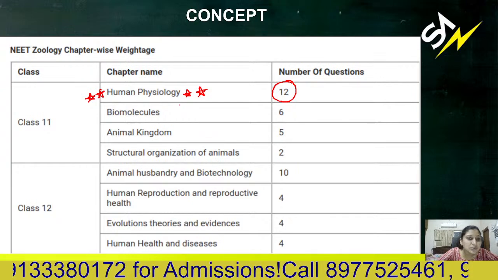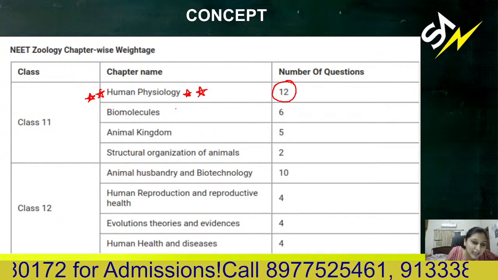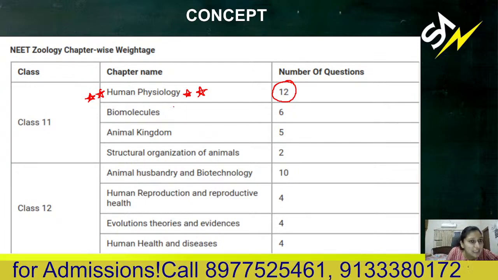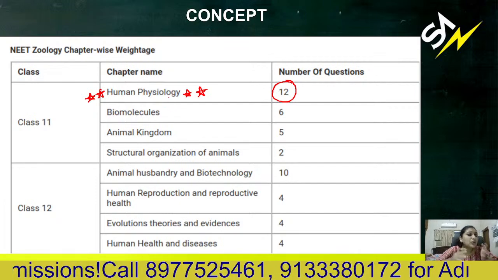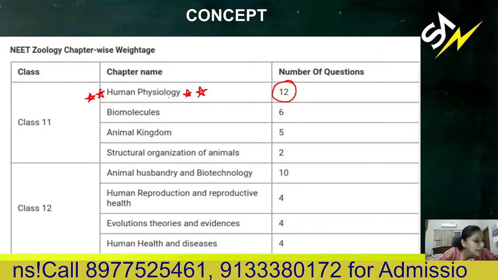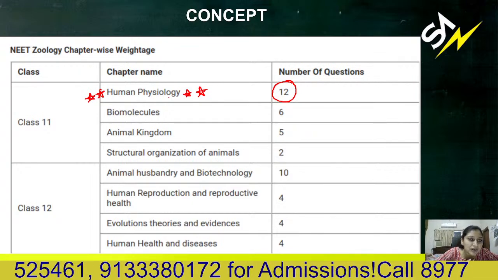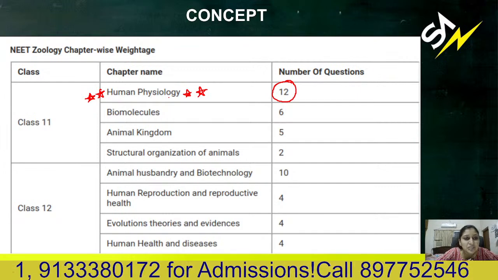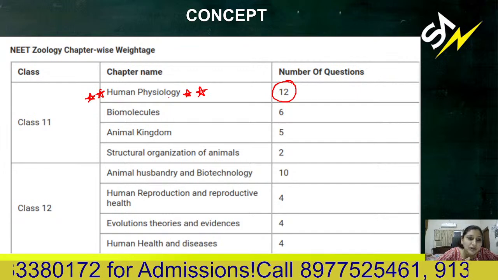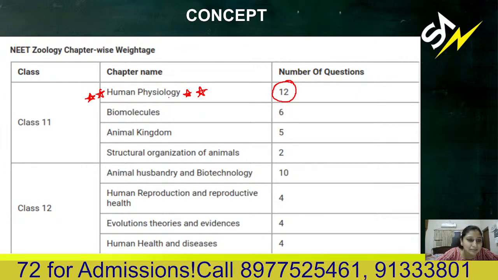Then biomolecules. This is again an important unit from the NEET point of view. You will study biomolecules 2 times, in chemistry also and in biology also. Here the biological aspects and in chemistry the chemical aspects. But all the biomolecules are the same.